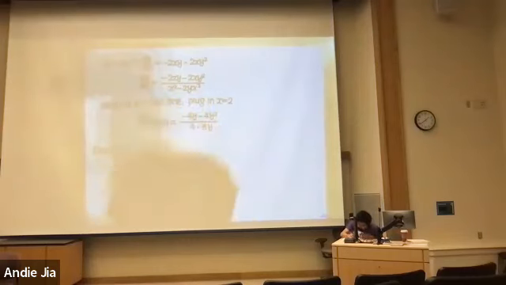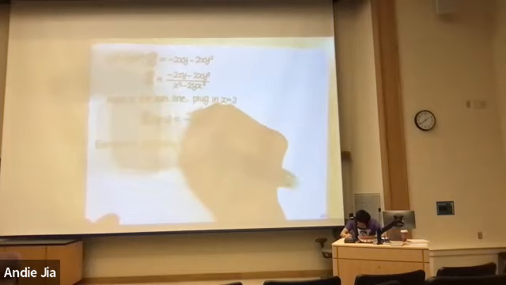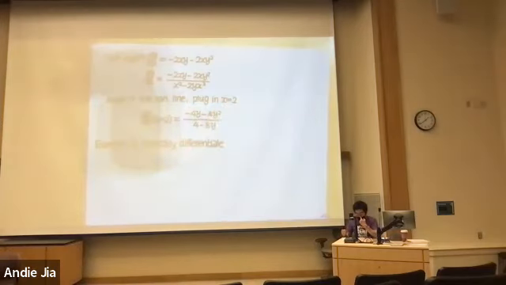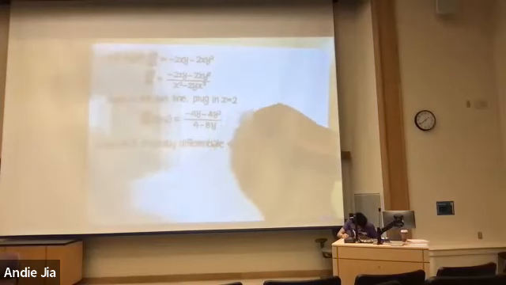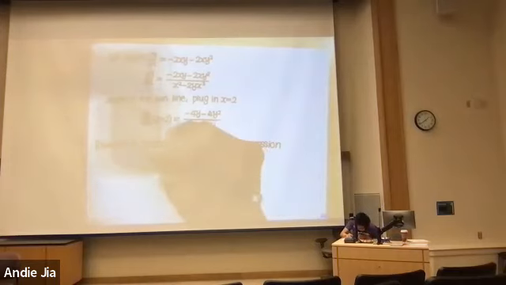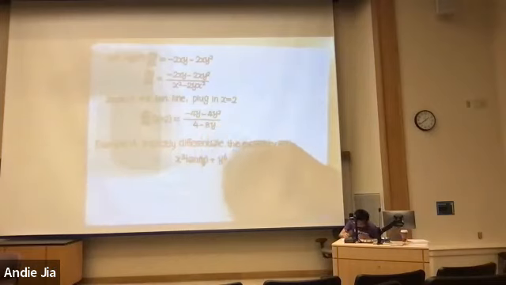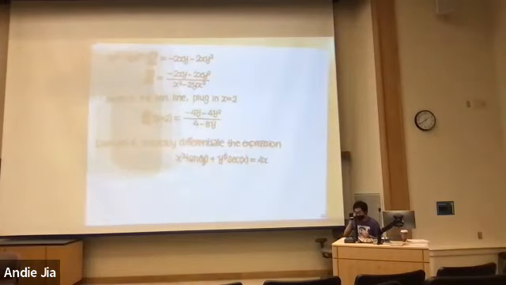Implicitly differentiate the expression, say, plus like 6 secant of x equal to 4x. Just use the product rule and implicit differentiation.